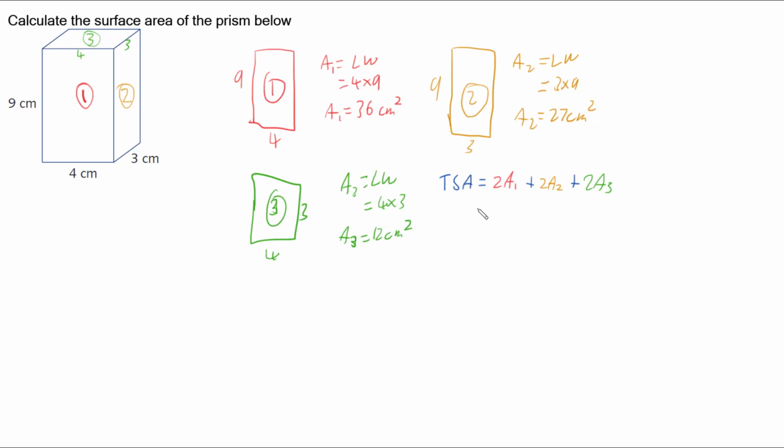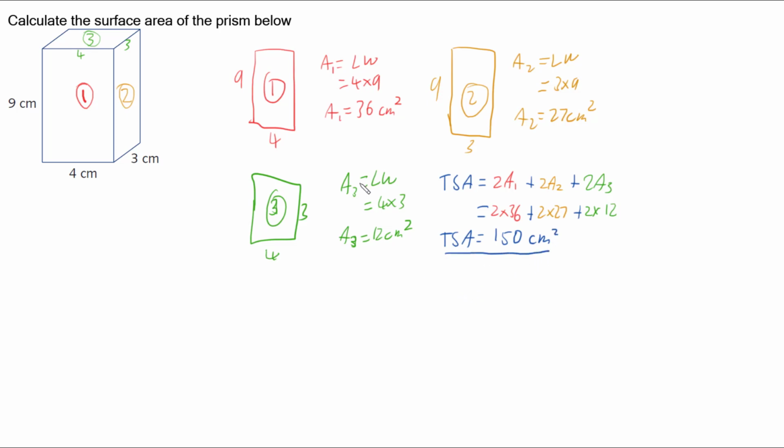So we would have 2 lots of 36, plus 2 lots of 27, plus 2 lots of 12. And so if we work that out, this rectangular prism has a surface area of 150 centimeters squared.